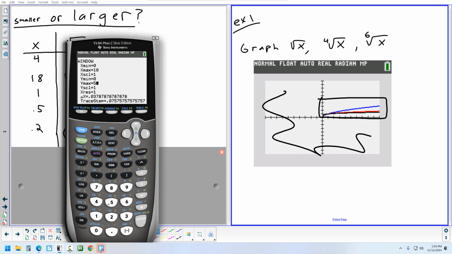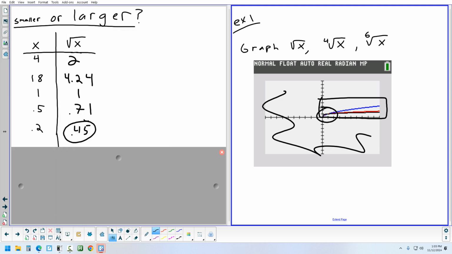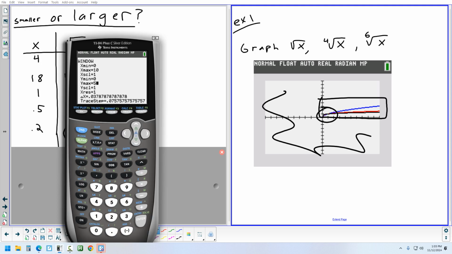I'm going to set my window just like that, and it will zoom in on this box. I want you to see what's happening right where I circled. The square root is in blue, the fourth root is in red, and now you're going to see the sixth root in black.